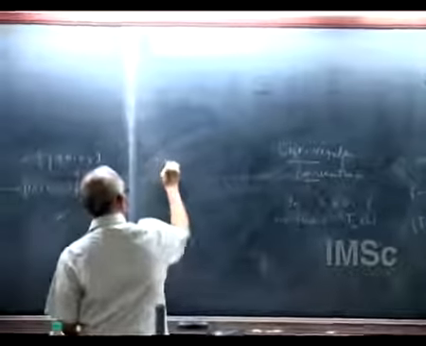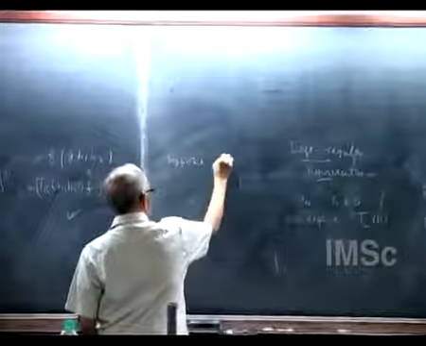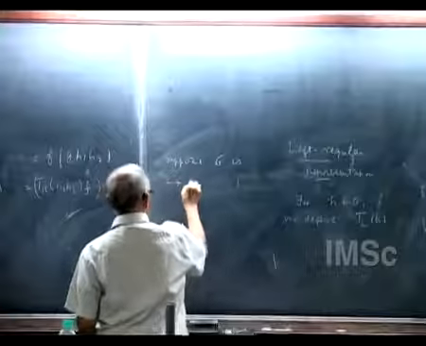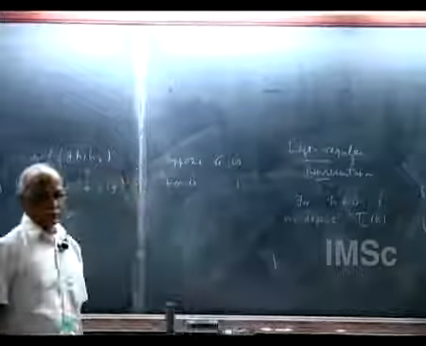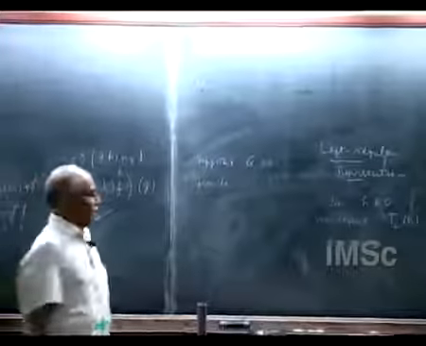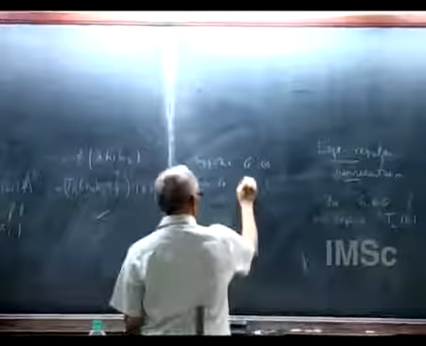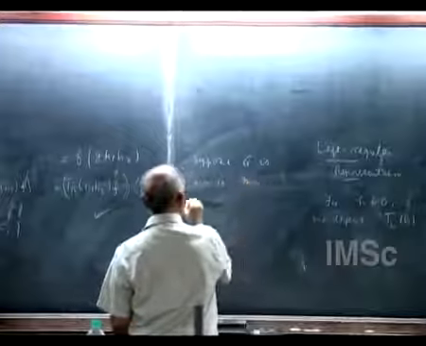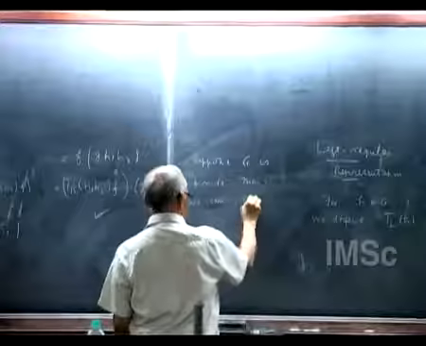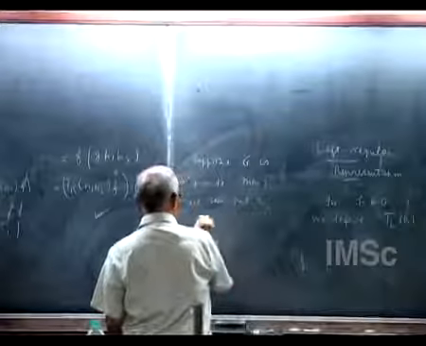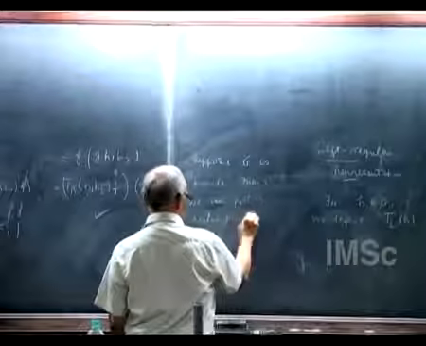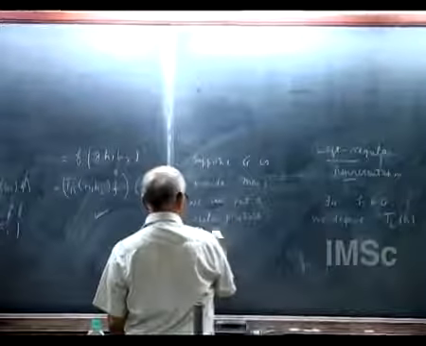Suppose G is a finite group. Then we can put a scalar product on CG.